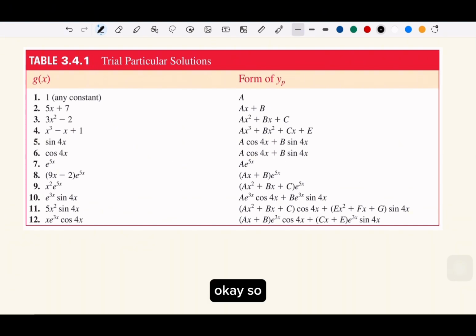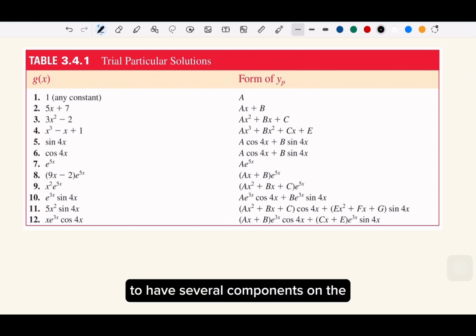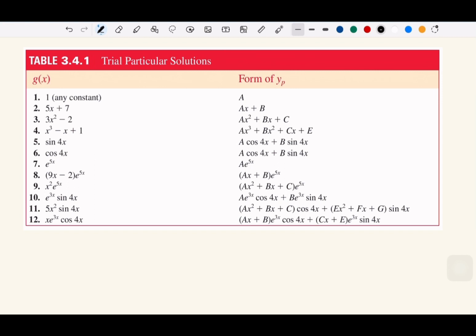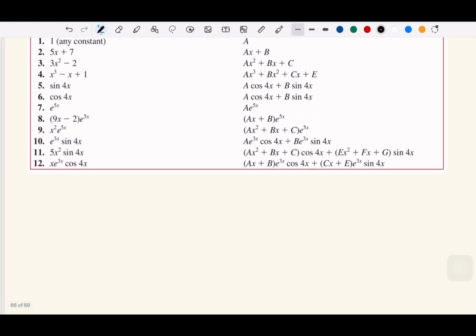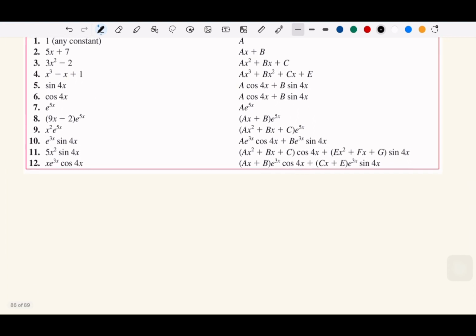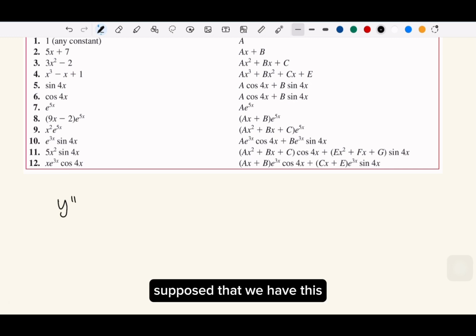Okay, so let's say we are going to have several components in the function of x on the right side. Let me give you a quick example.